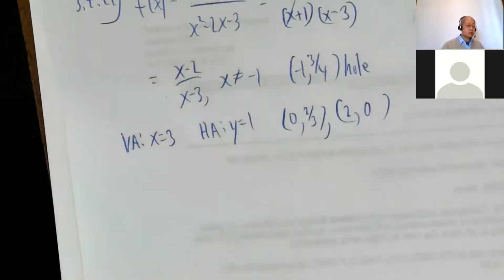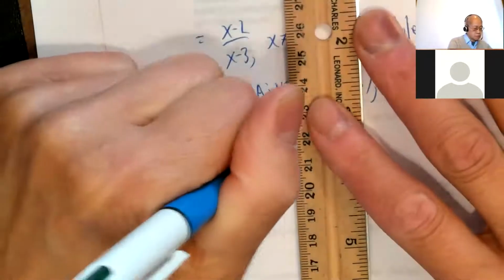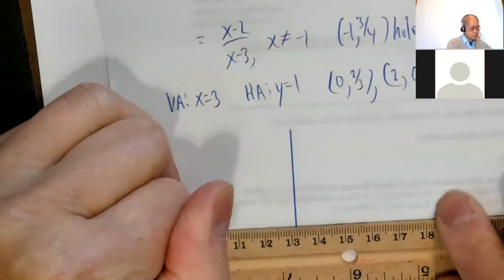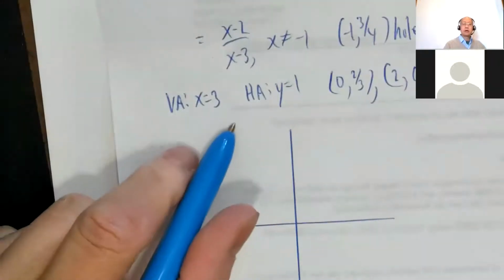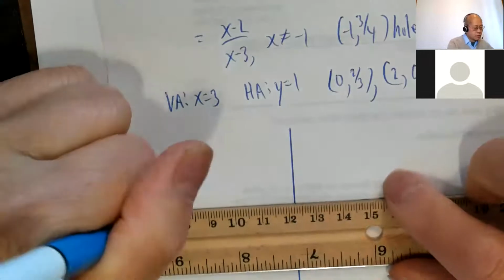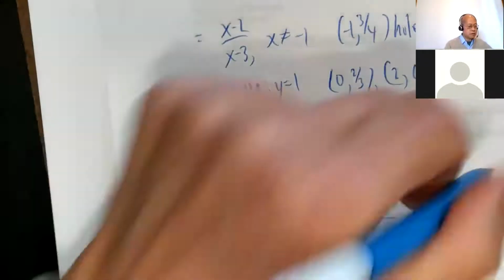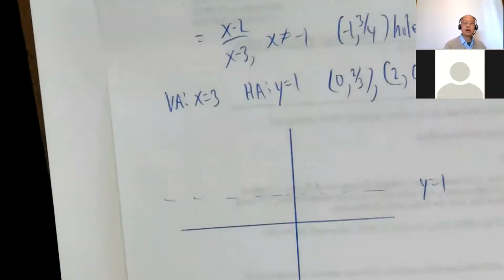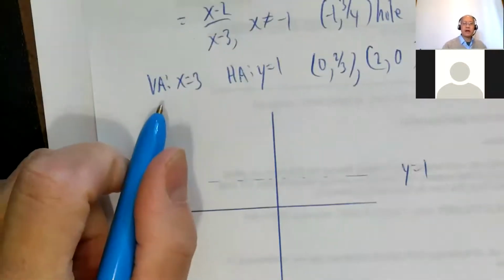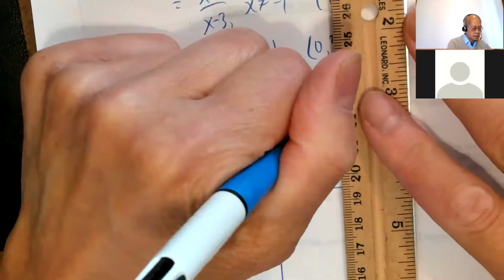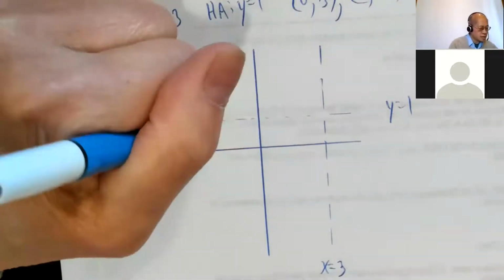All right, so let's start graphing what we have. Horizontal asymptote, y = 1. Vertical asymptote, x = 3.